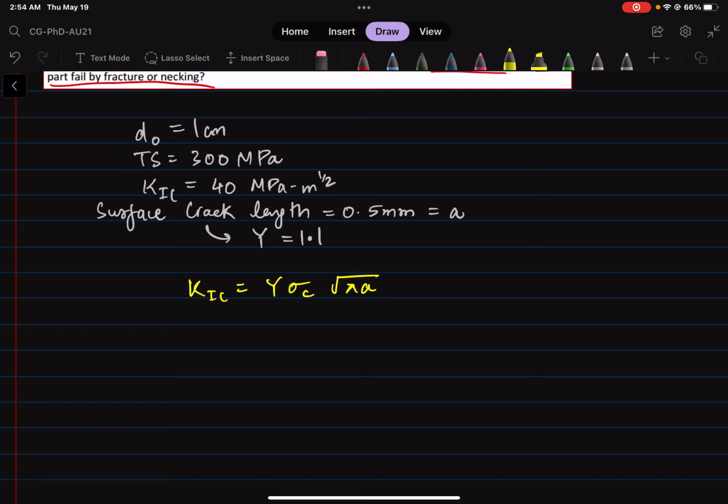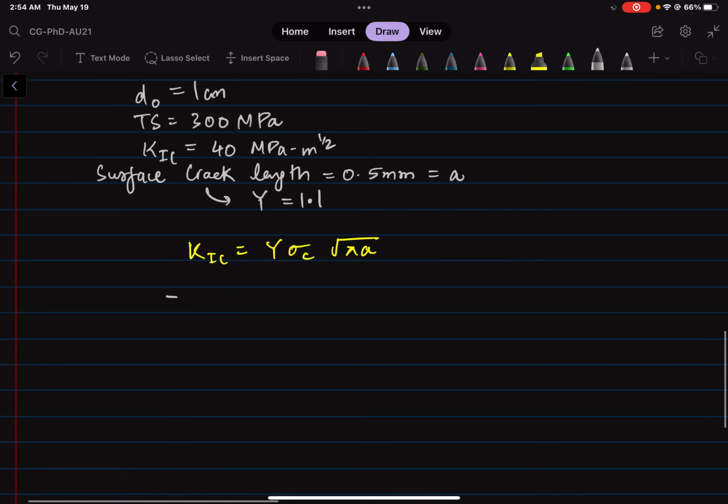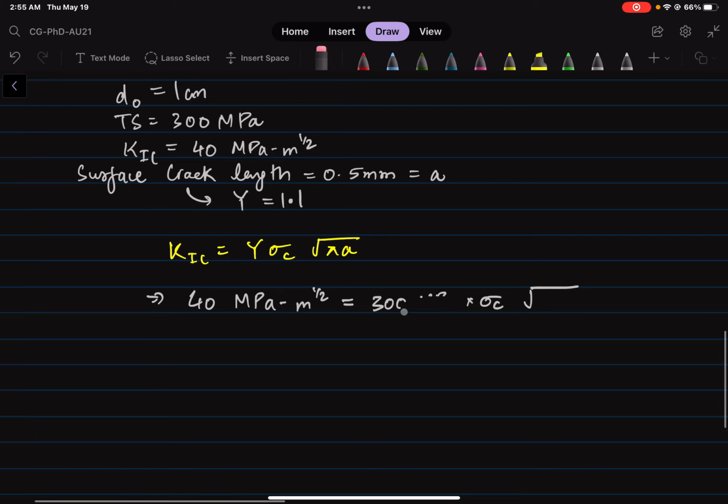So we can get the value of critical stress from here. So that will be 40 megapascal meter square root equals 300 megapascal multiplied by sigma c. Oh, sorry, this Y is not 300, this is 1.1. So this is 1.1 into sigma c square root of pi.